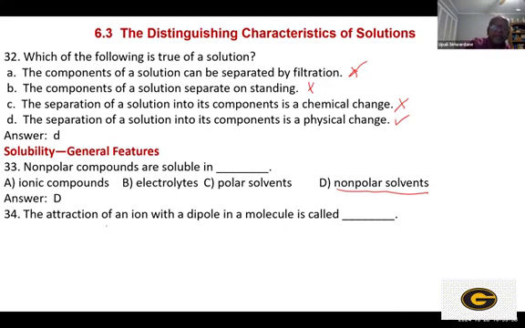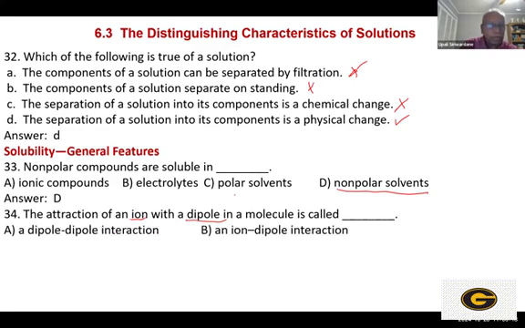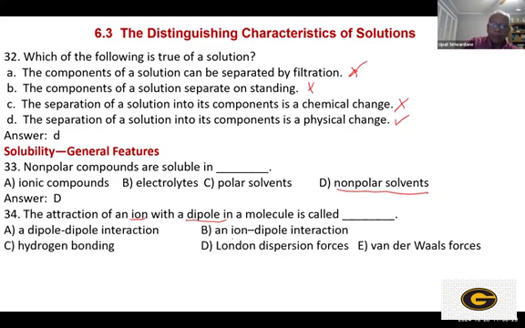The attraction of an ion with a dipole molecule is called ion-dipole. That's a polar. Between dipoles is called dipole attraction. Hydrogen bonding. This is the ion-dipole attraction.